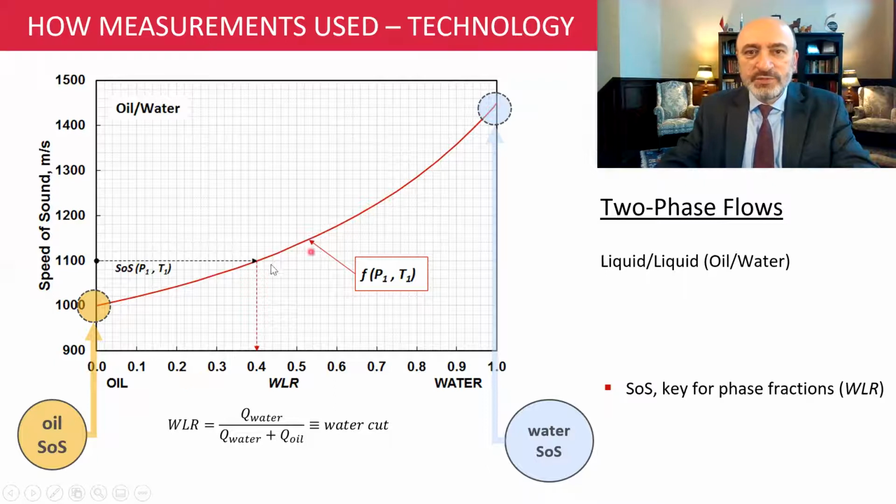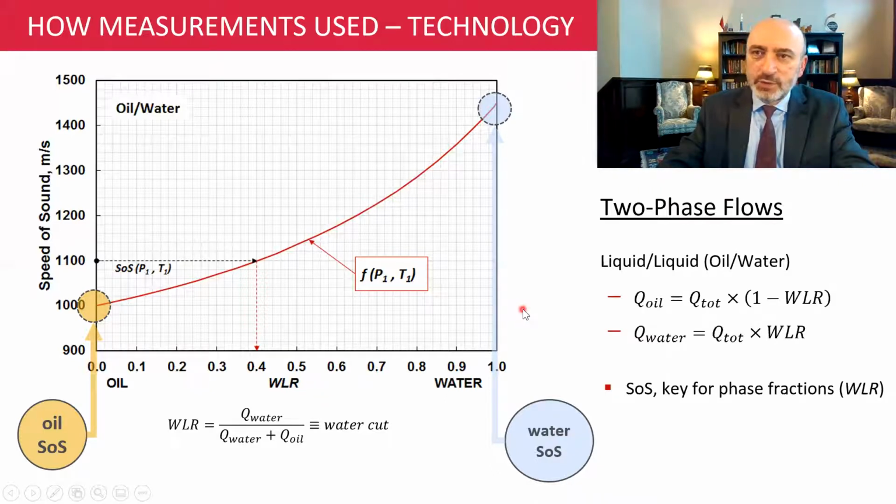The implication of this curve is that if a flow meter is capable of measuring speed of sound, then the intersection of this measurement and this curve will give us the phase fraction information directly, in this case, the water cut. Knowing the water cut will allow us to determine the phase flow rates using this simple set of equations.